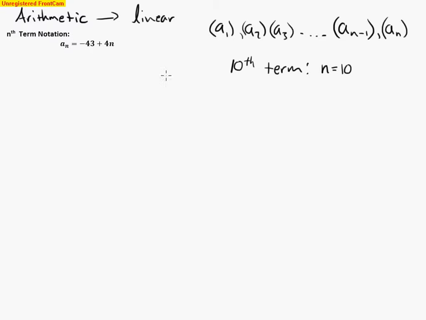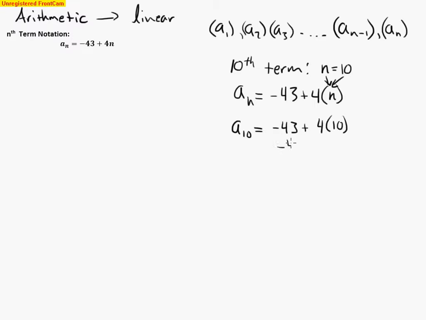So I can just take my equation, a_n equals negative 43 plus 4 times n, and all I have to do is plug this 10 into my n. So my 10th term would just be a_10 equals negative 43 plus 4 times 10.